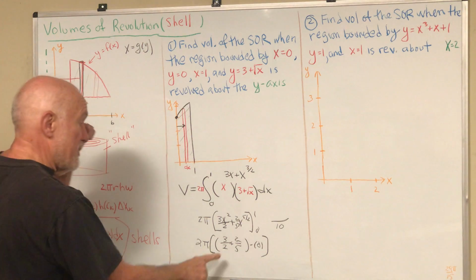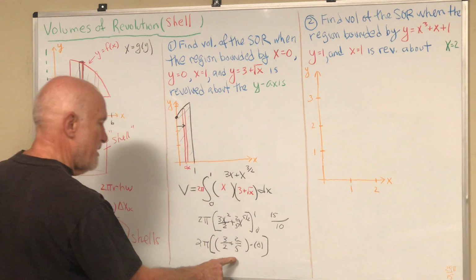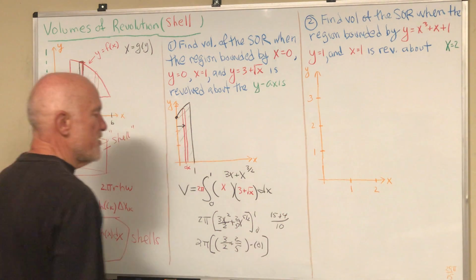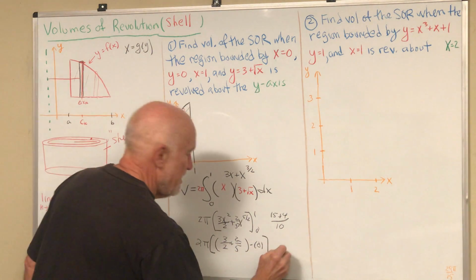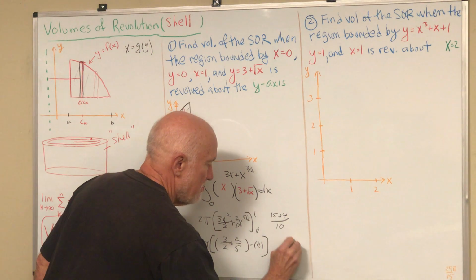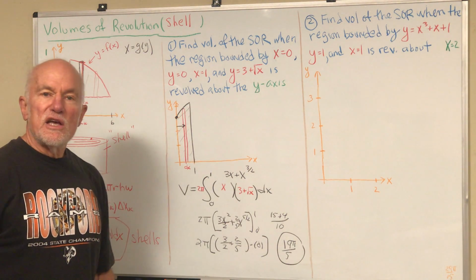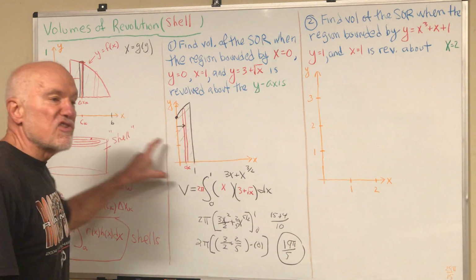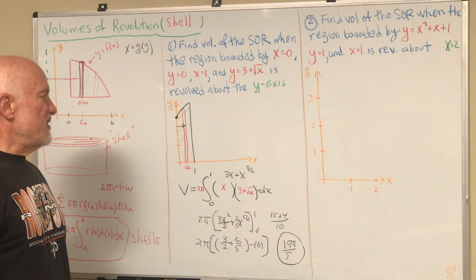So the common denominator is 10. You get 15 plus 4, or 19/10. So if you multiply by the 2 pi, you get 19/5 pi. And that would be the number of cubic units of the volume of this solid of revolution when you revolve this around the y-axis.